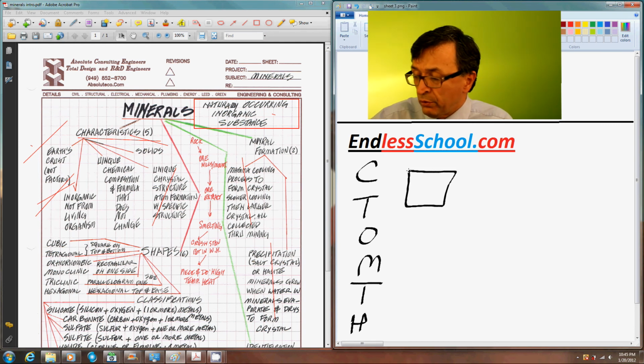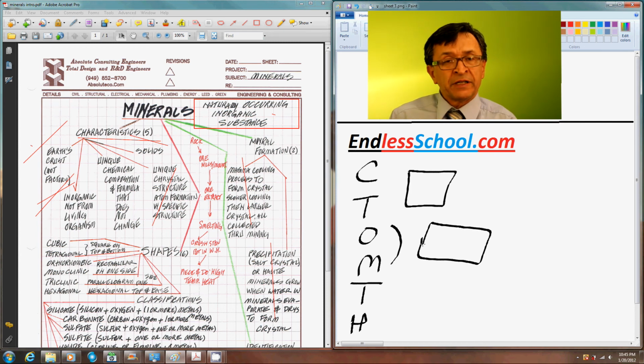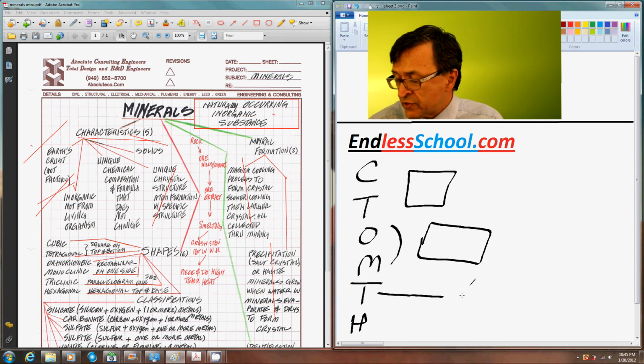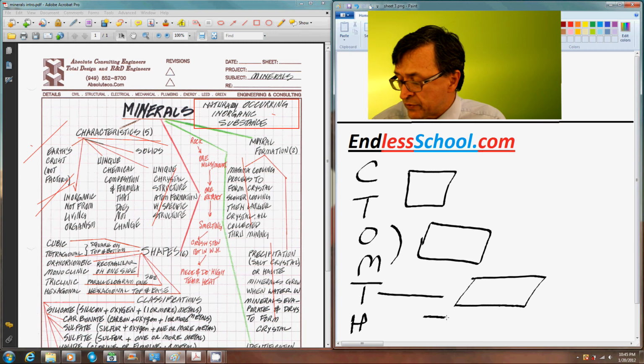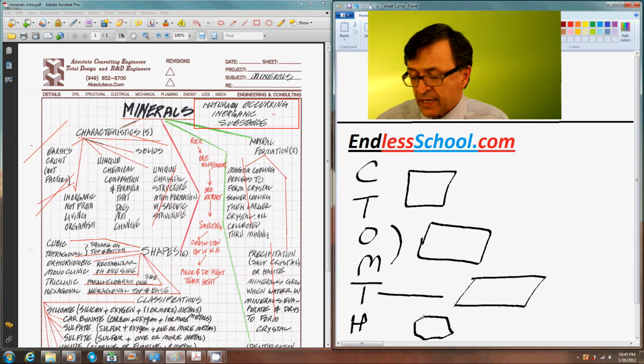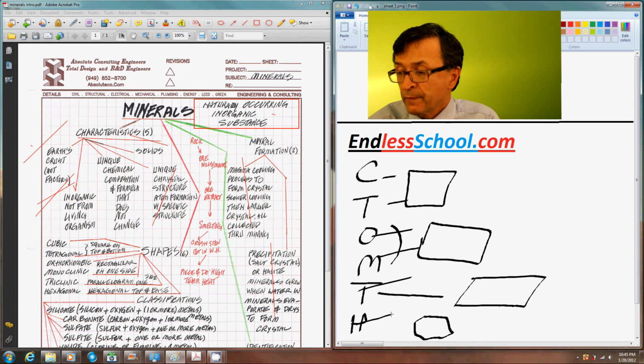In orthogonal or monoclinic, all you have to see is some sort of a rectangular side. In triclinic, you need to see a parallelogram. And finally, in hexagonal, you need to see hexagonal shaped sides or base. So again, cubic, tetragonal, orthogonal, monoclinic, triclinic, and hexagonal.